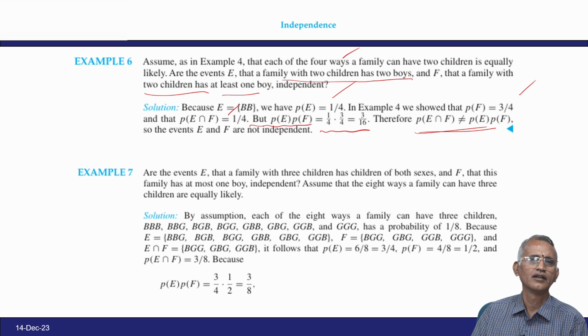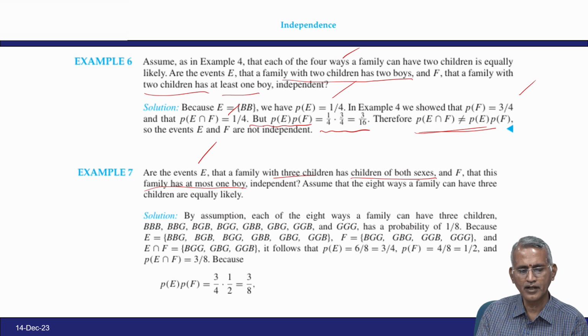So, this way we can do it for events that are not independent. Another example: are the events E, that a family with 3 children has children of both sexes, and F, that this family has at most 1 boy, independent? Assume that the 8 ways a family can have 3 children are equally likely.